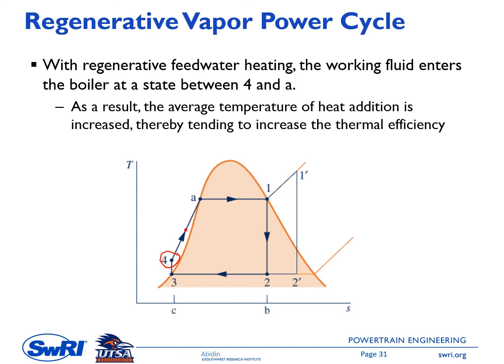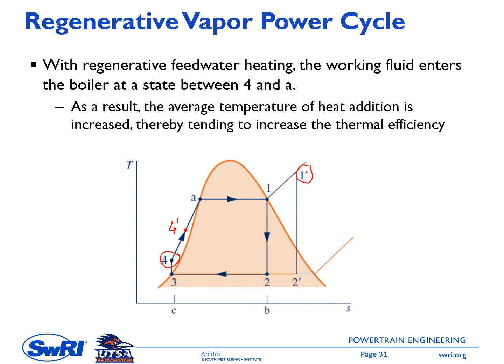Let's say this is point 4 prime. In this case, the average temperature of heat addition, which is TH, is increased. Why? TH is now the average temperature between point 4 prime here and point 1 prime here.